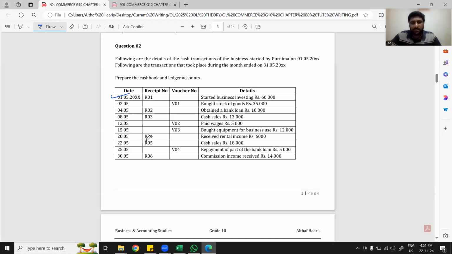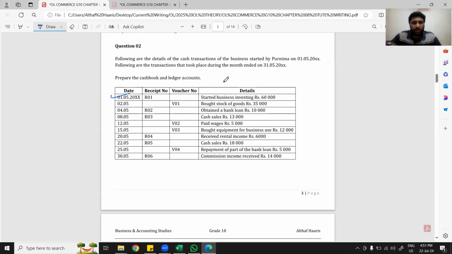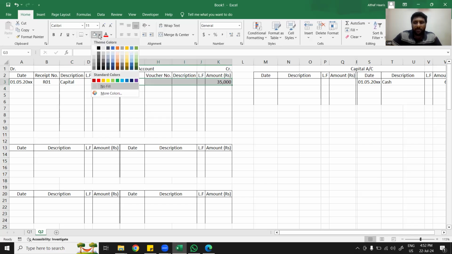Stock. First you tell me, if you purchase goods, is money coming in or going out? Money going out. How much is that? 35,000.